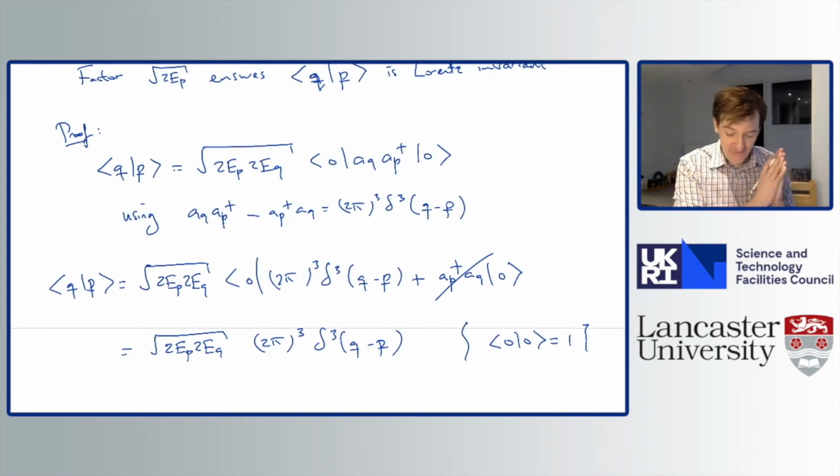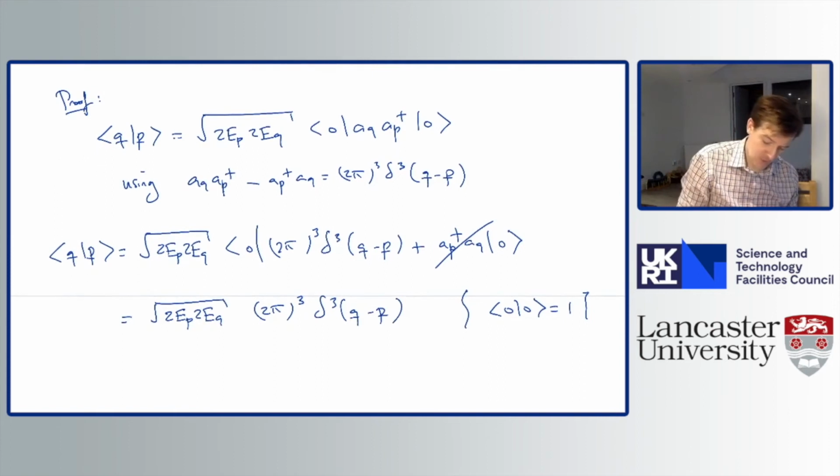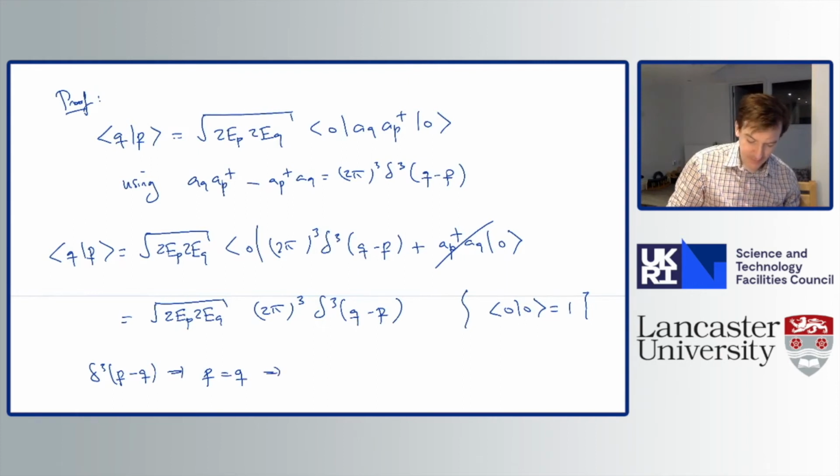There's a further simplification we can in fact make here. In any expression where we actually would use this, what this delta function is doing is setting the three components of p equal to the three components of q. This implies in any expression that p is going to equal q. These are all single particle states for a particle of mass m.